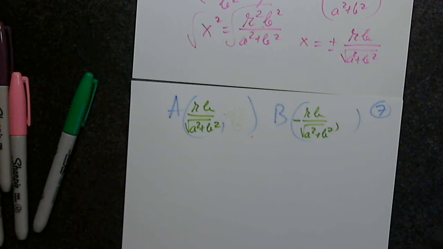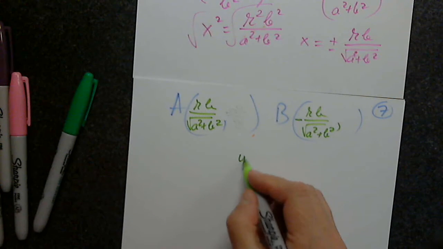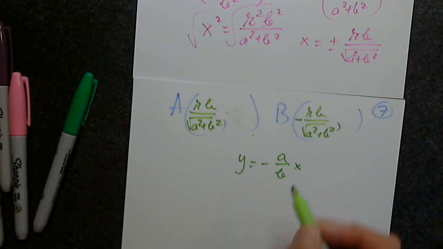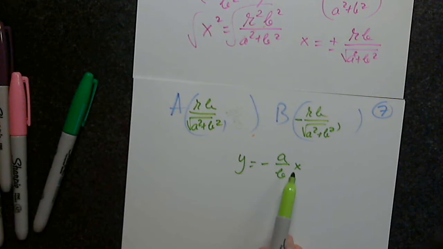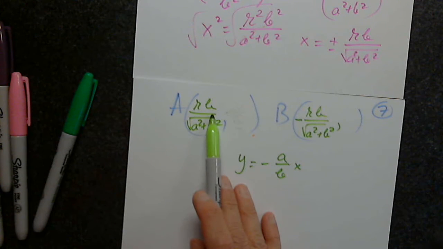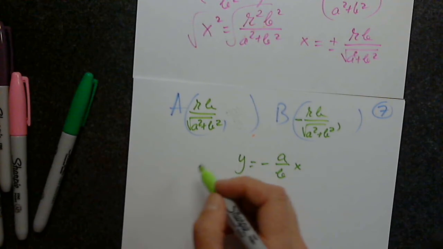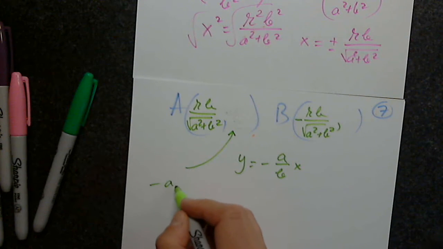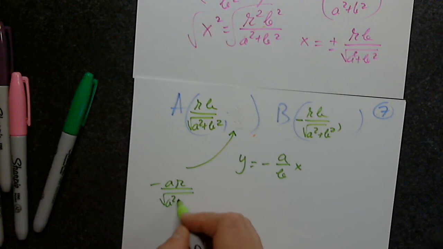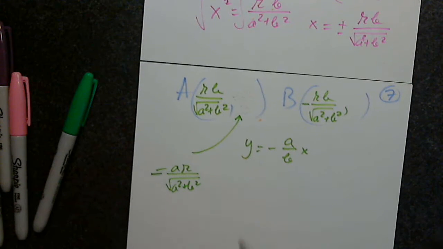I want to multiply it. So when I multiply, remember y is negative a over b times x. If I multiply this by x, by negative a over b, I will simplify the b. So this number becomes negative ar over the square root of a squared plus b squared. And minus should be right in front of the fraction line. Do we see that, or should I write it? I'll be more than happy to write it.